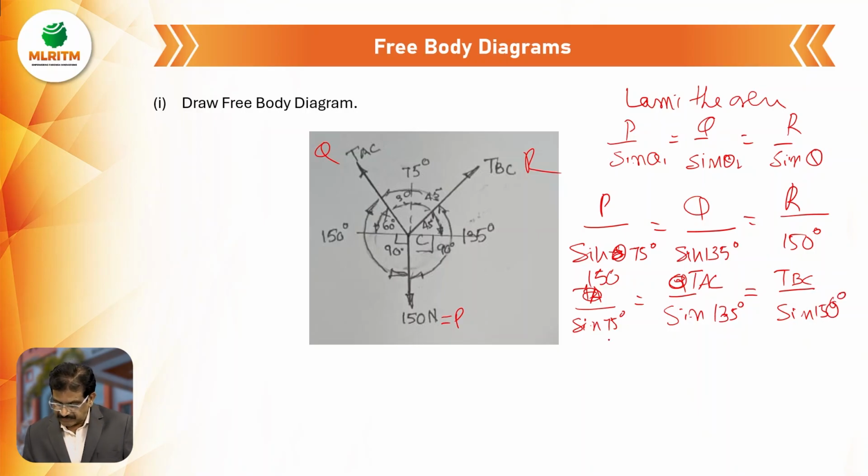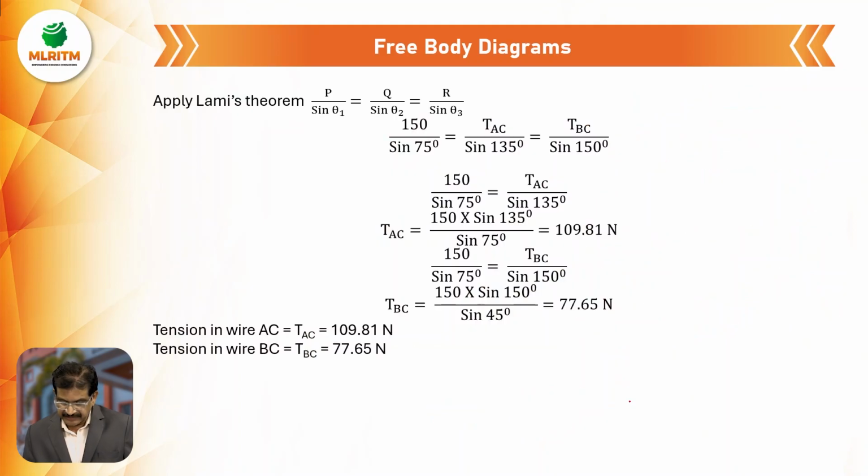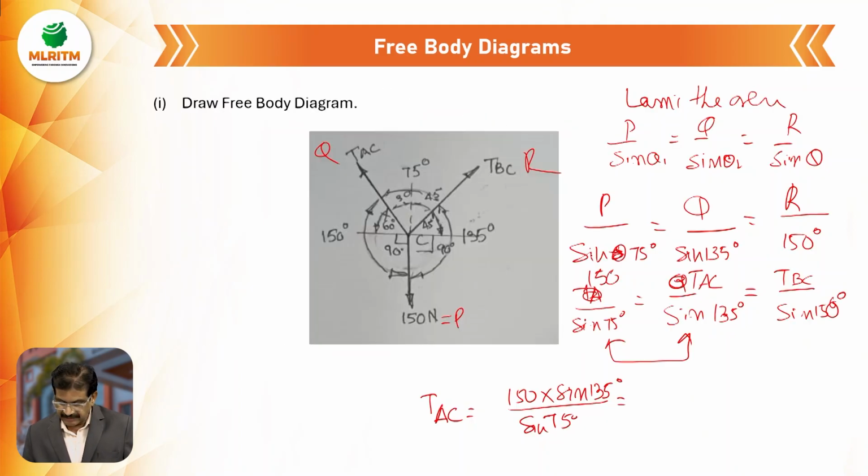Now equating the two, I will get TAC. So TAC is equal to 150 into sine 135 divided by sine 75. After this you will get 109.81.